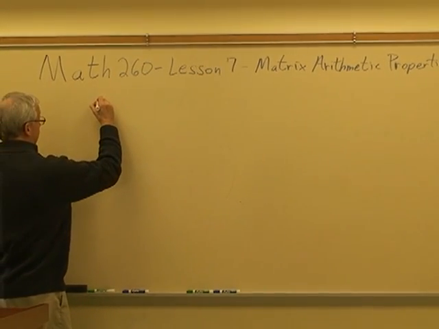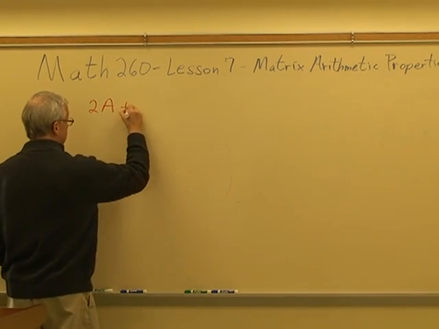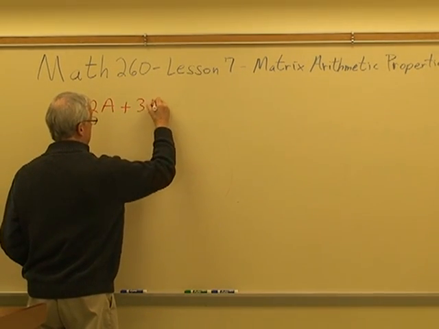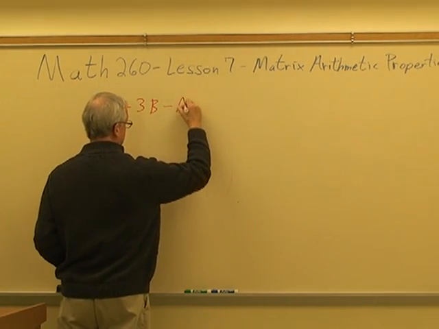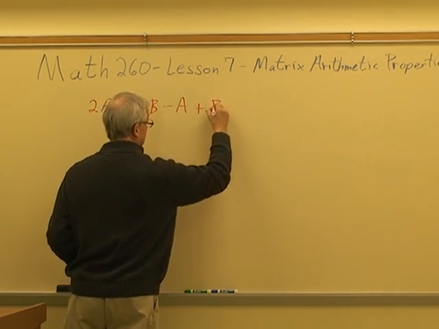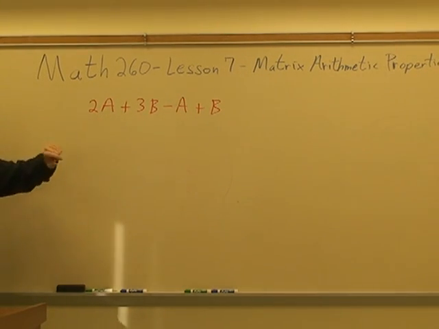Again, it's algebra. Suppose I have the following expression. What can I do with this? Well, I have a commutative law for addition. 2A is a matrix, so is 3B.